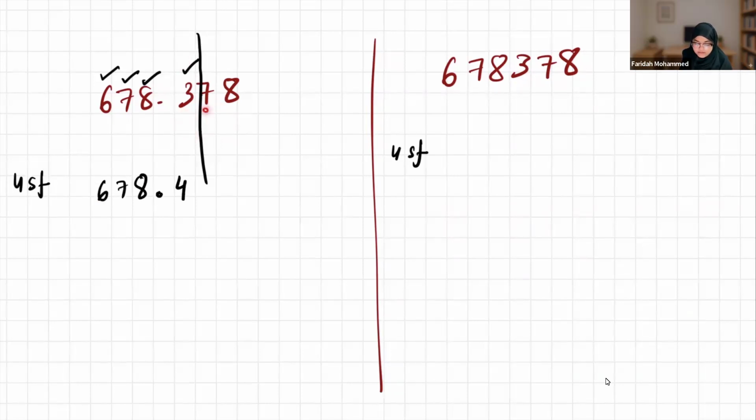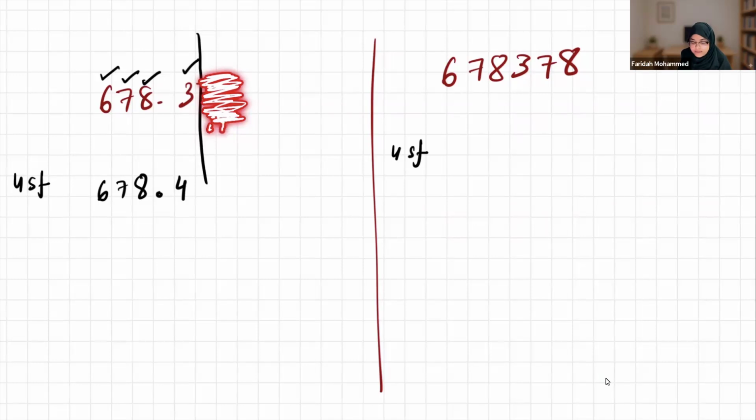Now, what about these two numbers? This is important, listen carefully. Because these two numbers come after the decimal, we're just going to ignore them. You're not going to write them down.